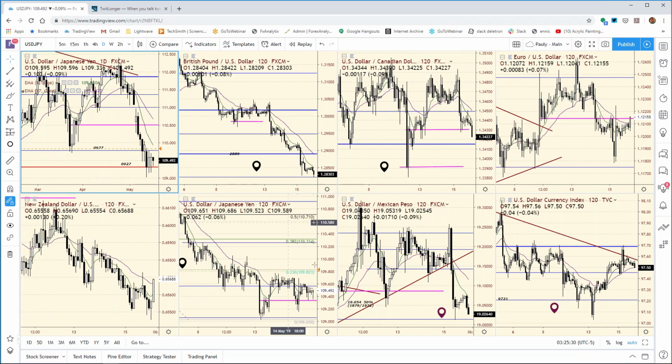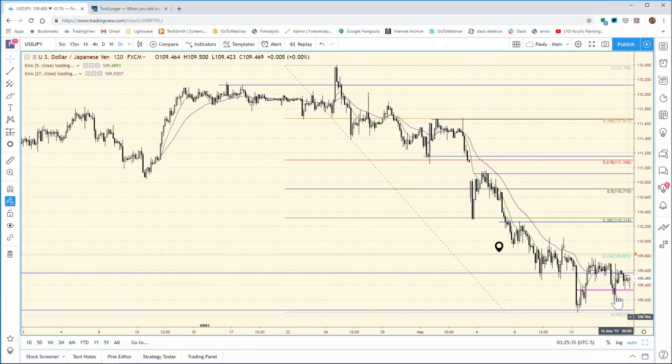We're looking on the daily chart now, but you can see that that 927 has been holding relatively well. It hasn't rebounded much.